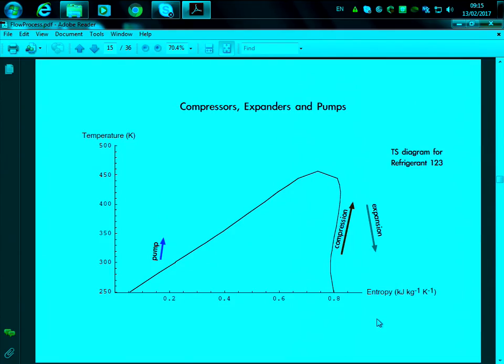Here we're dealing with a gas, and a gas is heavily affected by expansion or compression processes because it's a compressible fluid, right? When we deal with liquids, normally we can take them as non-compressible.